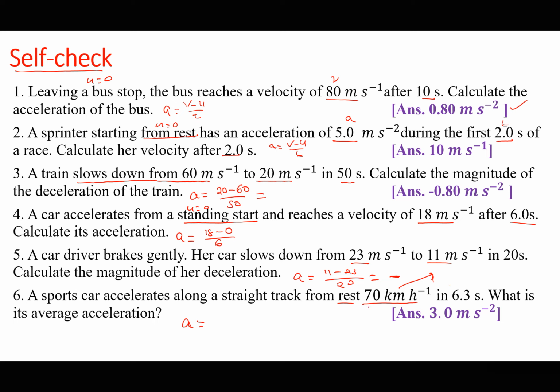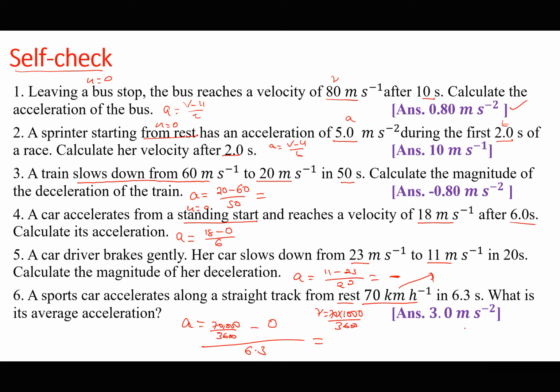So the final velocity is going to be 70 times 1000 divided by 3600. That is the final velocity. So the acceleration is going to be 70,000 divided by 3,600 minus the initial velocity, which is 0, divided by 6.3. And I think this answer should be correct.